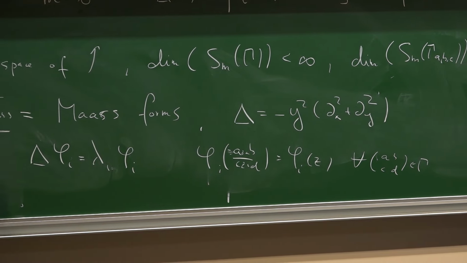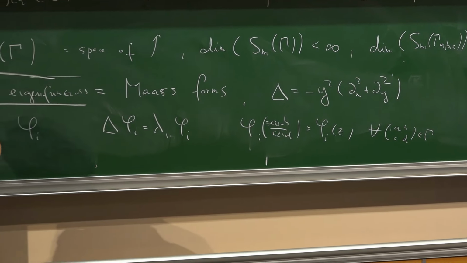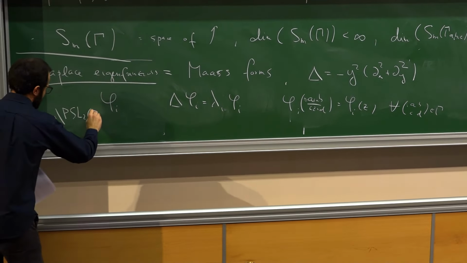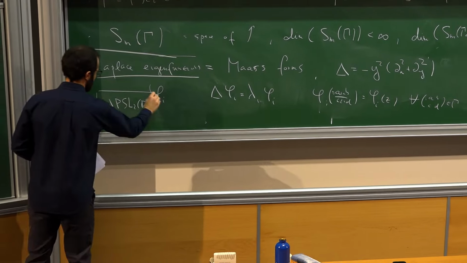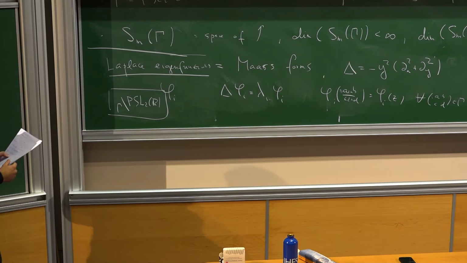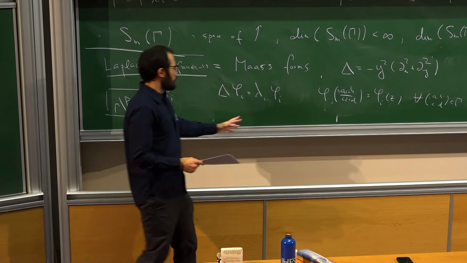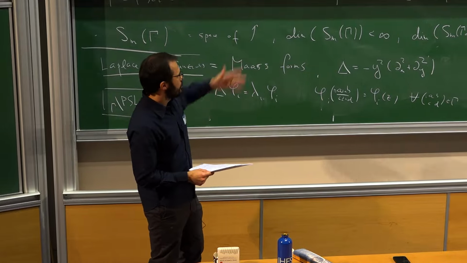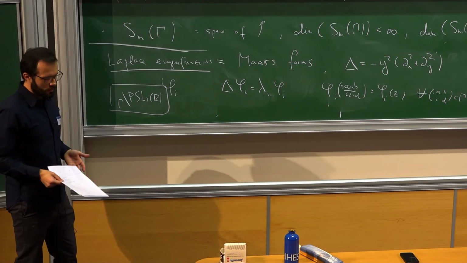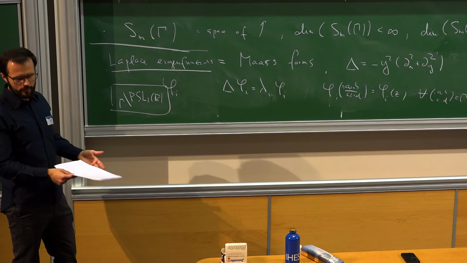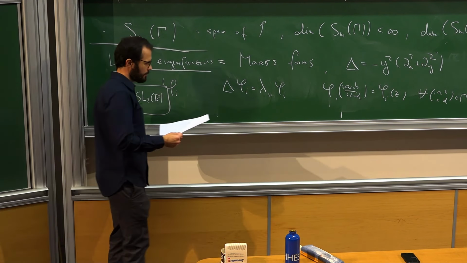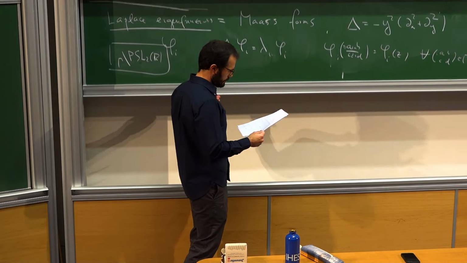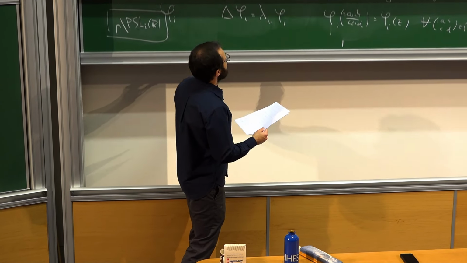It doesn't do full justice to the notion of automorphic representation, but it's the idea. So both lambda and the weight for the holomorphic modular form have a meaning as labels of irreducible representations of PSL2R. But I won't have enough time to discuss this further.